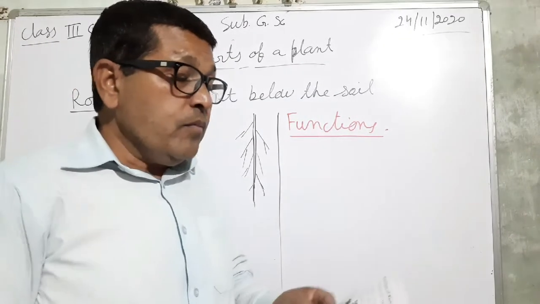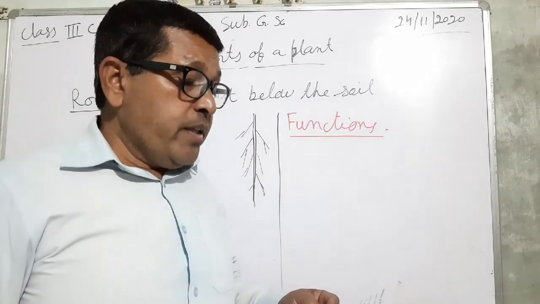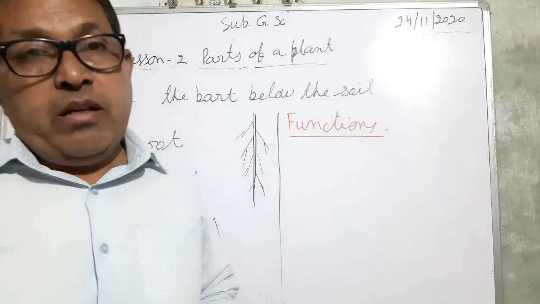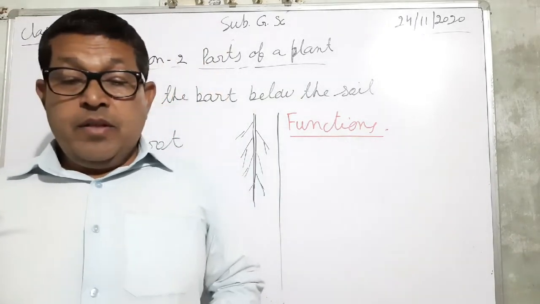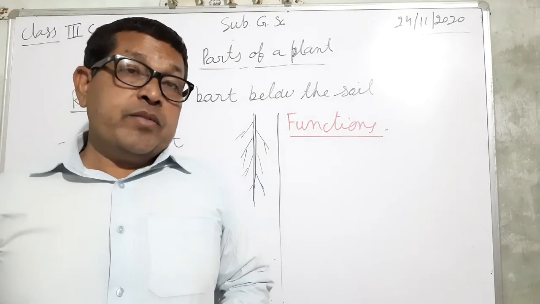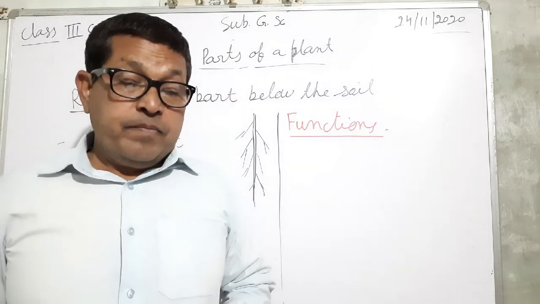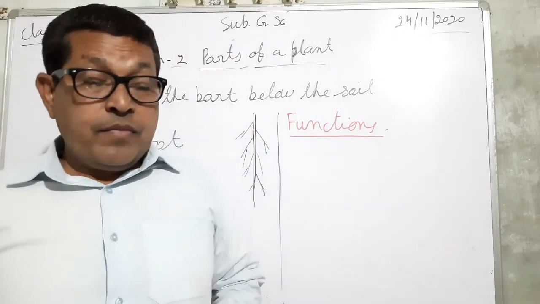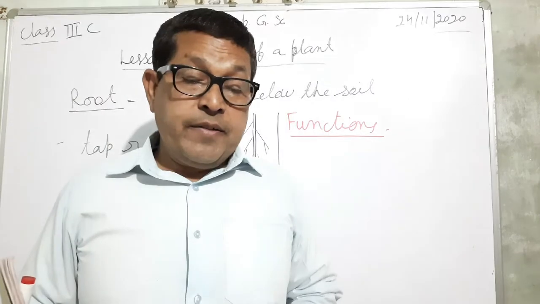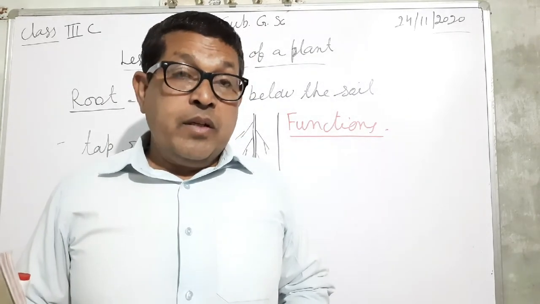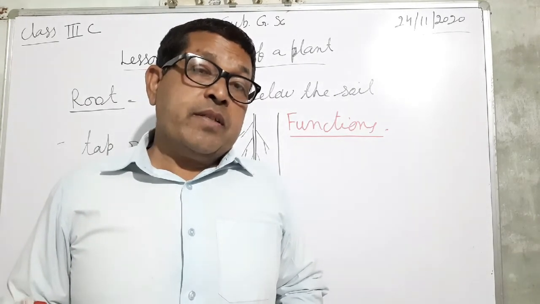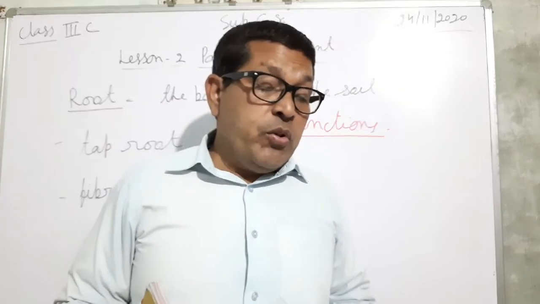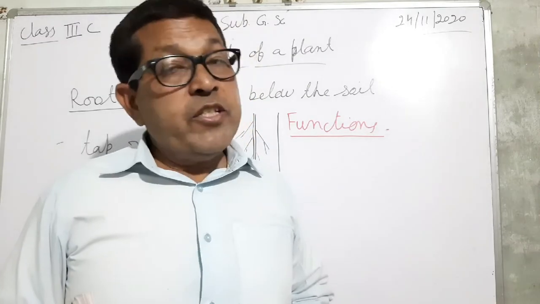First, roots hold the plant firmly in the soil. With the help of the roots, plant take the waters and the minerals. So first function is there. Roots hold the plants firmly in the soil.